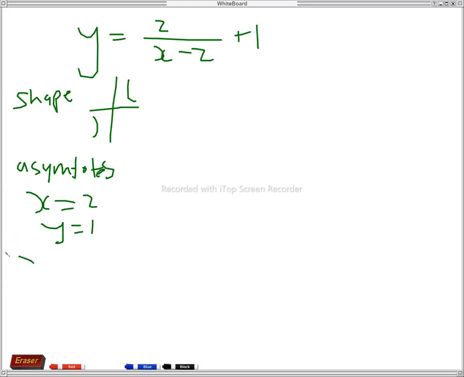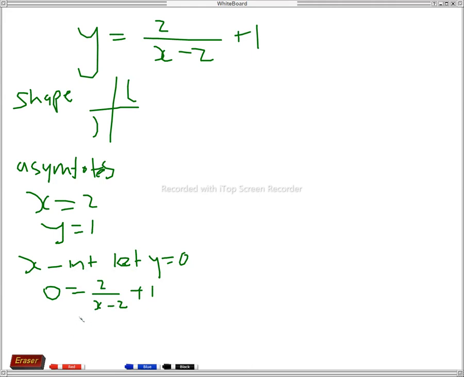I'm done with my asymptotes, so I'm moving to my x-intercept. You still remember that when we determine the x-intercept, in the function we are just going to let y be 0. Don't forget that, guys. Therefore 0 equals 2 over x minus 2, plus 1, and now it's time to solve for x.